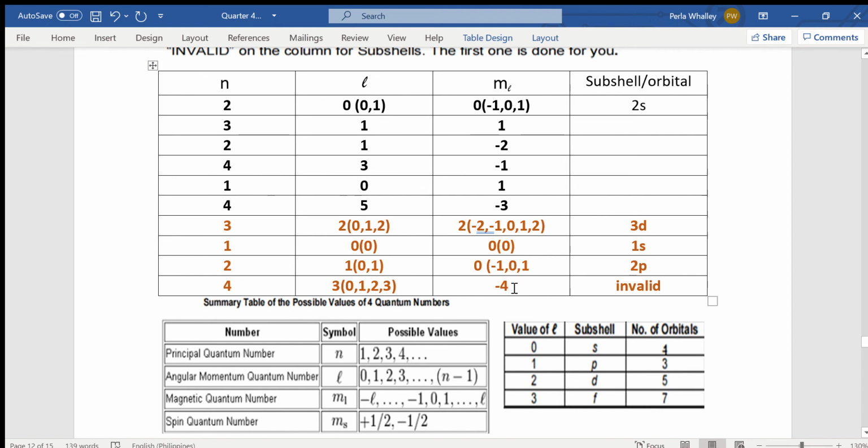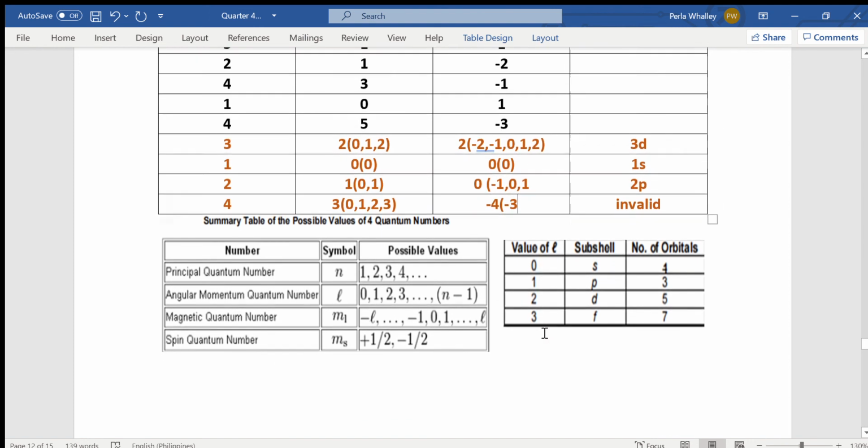Looking at the L, you can see that 4 is not valid because this M sub L will start with minus 3, then minus 2, minus 1, 0, plus 1, plus 2, plus 3. So that is why number 4 is invalid. The answer here is invalid.